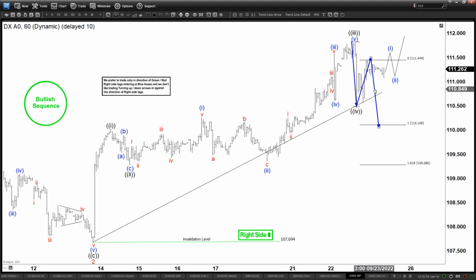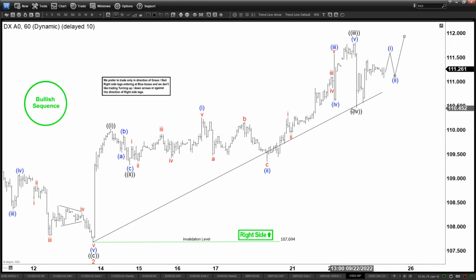So as long as this pivot at 107.7 is holding, any kind of pullback that we see in the dollar index should continue to be supported in a sequence of 3 swings or 7 swings for the upside, right?